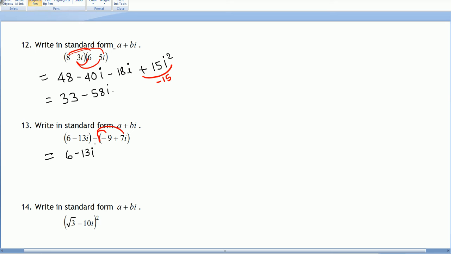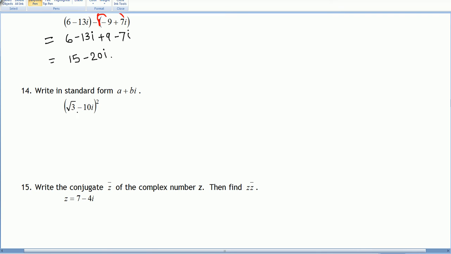Negative 1 times negative 9 is positive 9, negative 1 times 7i is negative 7i. Now we combine: 6 plus 9 is 15, negative 13i minus 7i, negative 13 minus 7, negative 20i. Final.